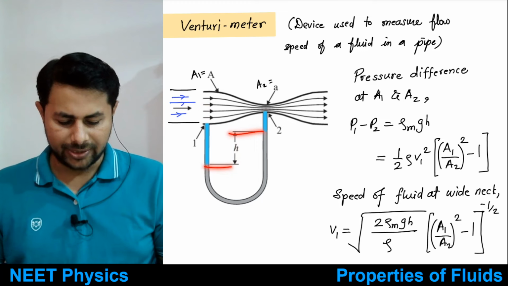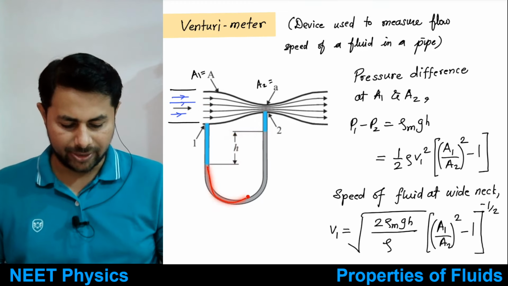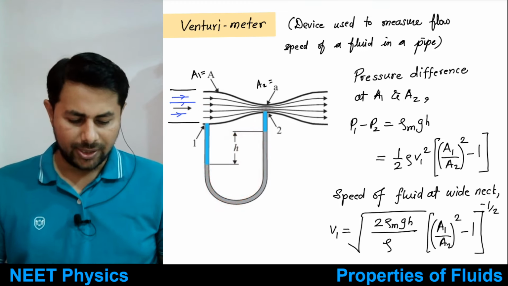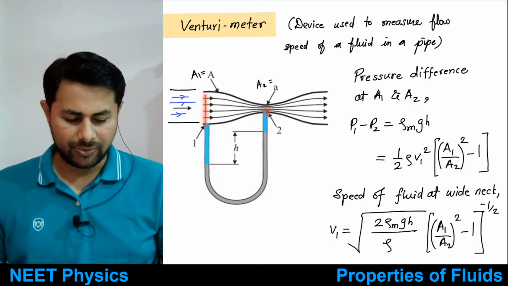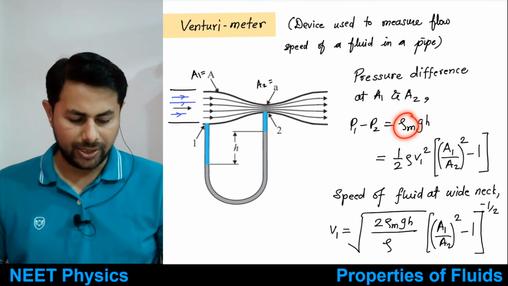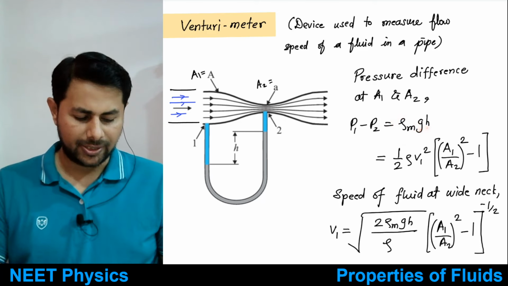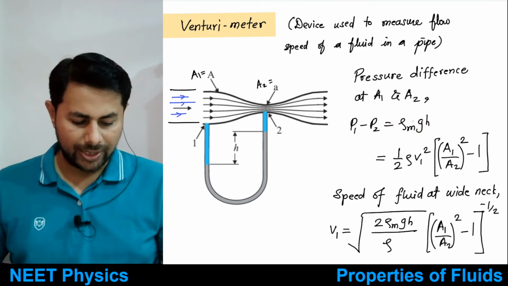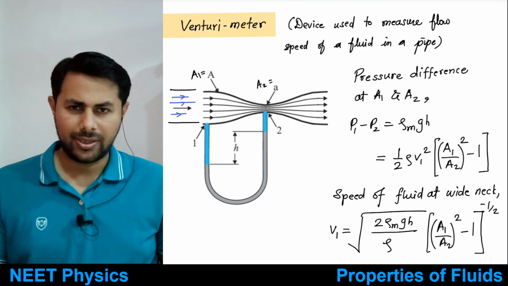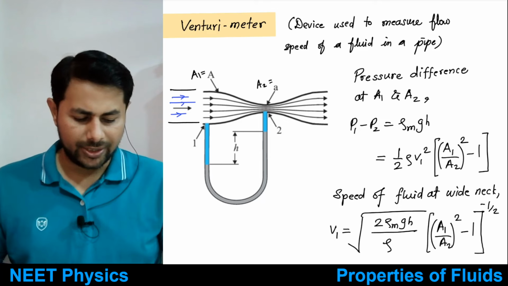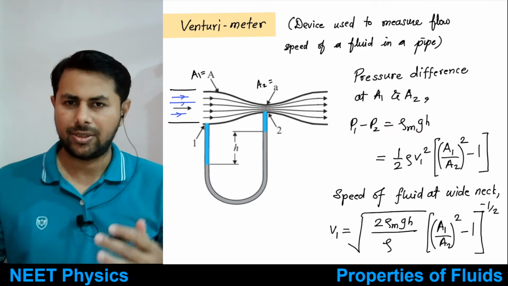The height difference of the mercury at the two places, right? So the pressure difference between A1 and A2 is just equal to the density of mercury times g multiplied by h. If something else is given, we can make use of that. There is no issue, right? We can just replace the density of mercury with the density of that fluid.